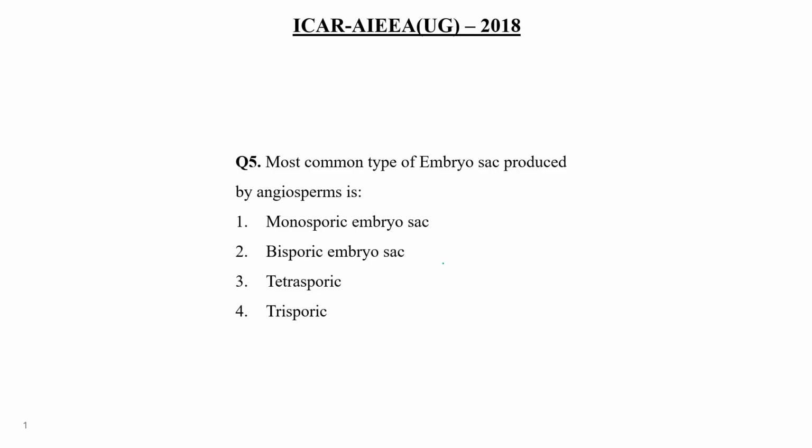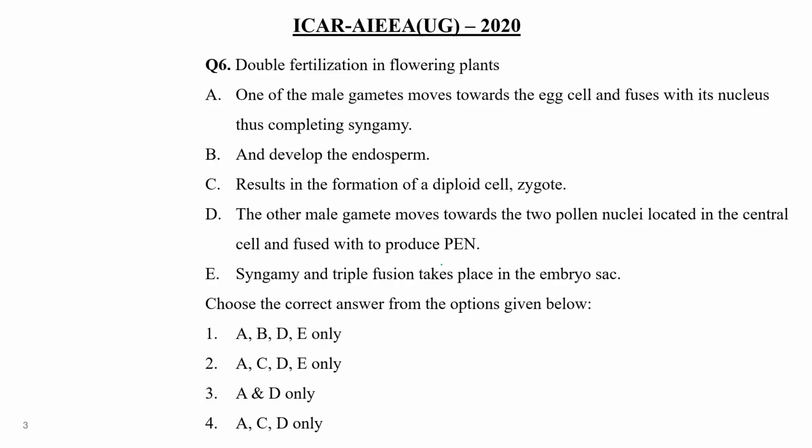Clear? Now let's move to the next question, that is question number 6. Double fertilization in flowering plants. Again this term comes, double fertilization. They have given us five different statements, and one or more than one statement are correct, so we have to opt all those statements, right?